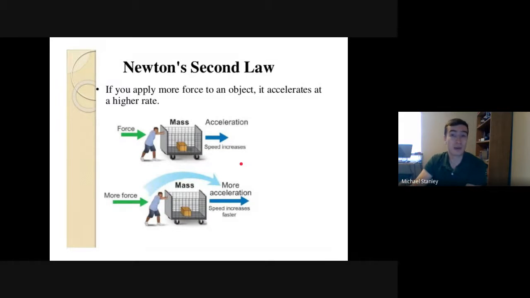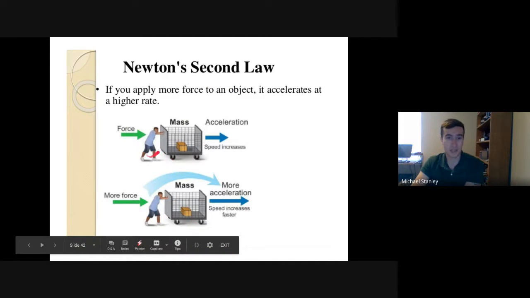So there are a couple different ways we can think about the second law. One of them is that if you apply more force to an object, it accelerates at a higher rate. So F equals ma, which means that if mass stays the same, so in this case, when this dude's pushing this cart, the mass of the cart is the same each time, right?